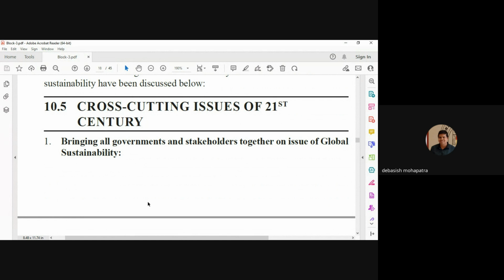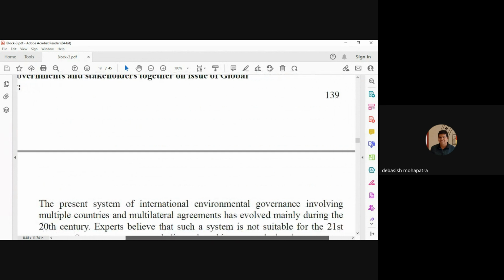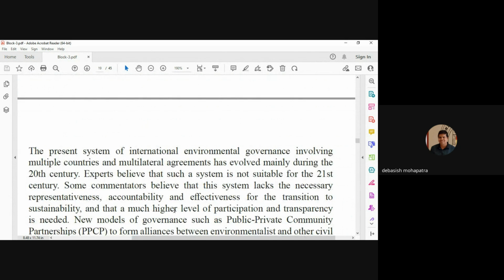The first is bringing all governments and stakeholders together on the issue of global sustainability. This is our first goal. The present system of international environmental governance, involving multiple countries and multilateral agreements, has evolved mainly during the 20th century. Experts believe that such a system is not suitable for the 21st century.